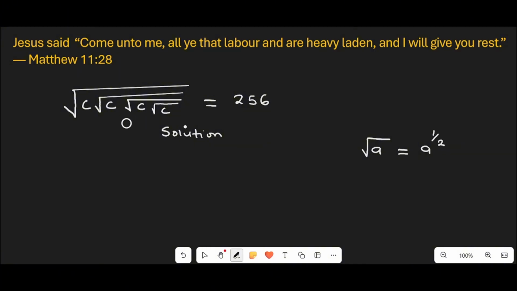Now in this equation, our first C is under square root, which can be written as C raised to power 1 over 2.